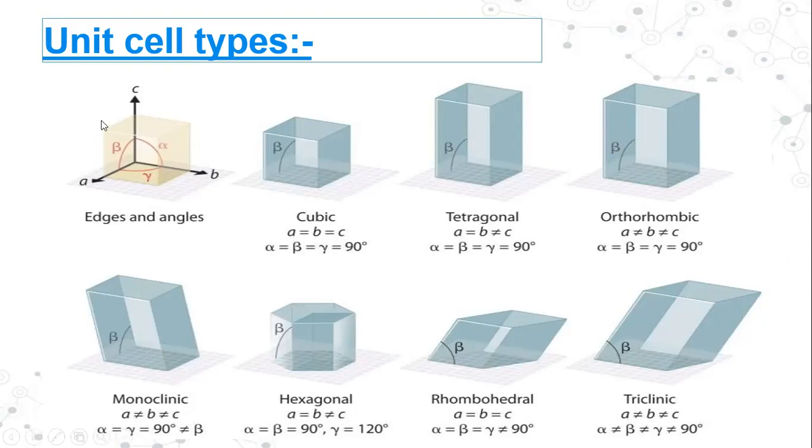So you can see the inclination of the cube shape. It is like a cube, but there is some inclination between the edges, that is not equal to 90, that is less than 90 degrees.